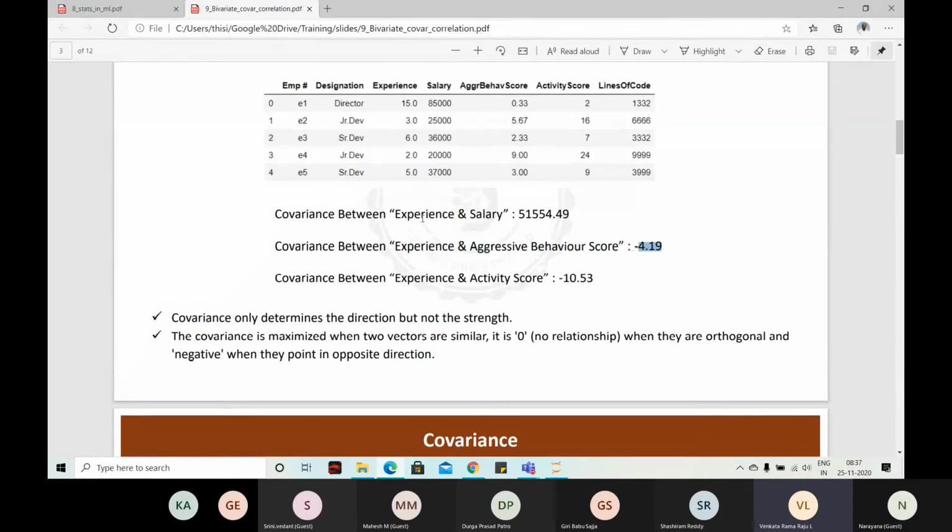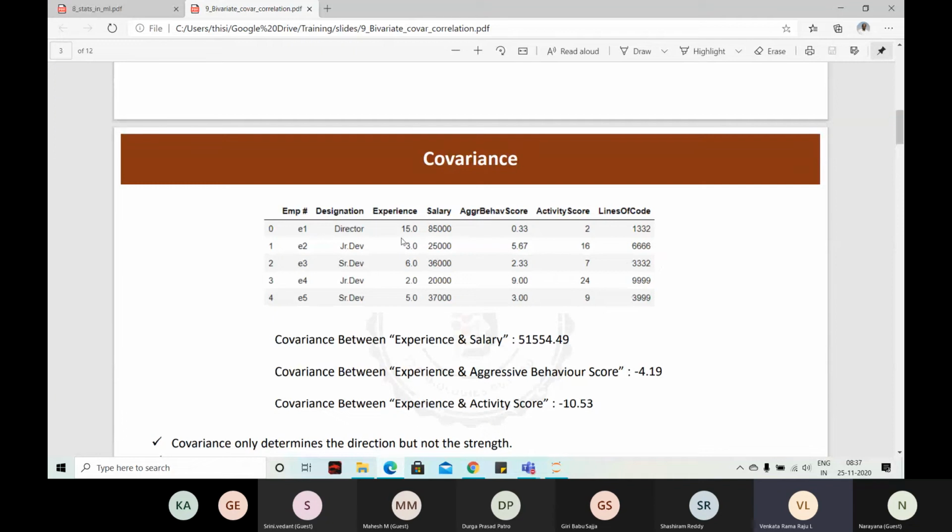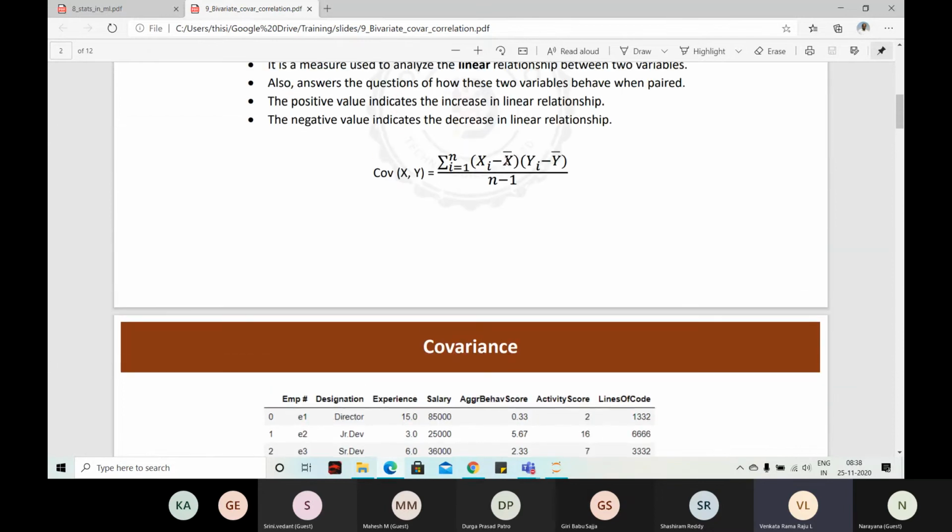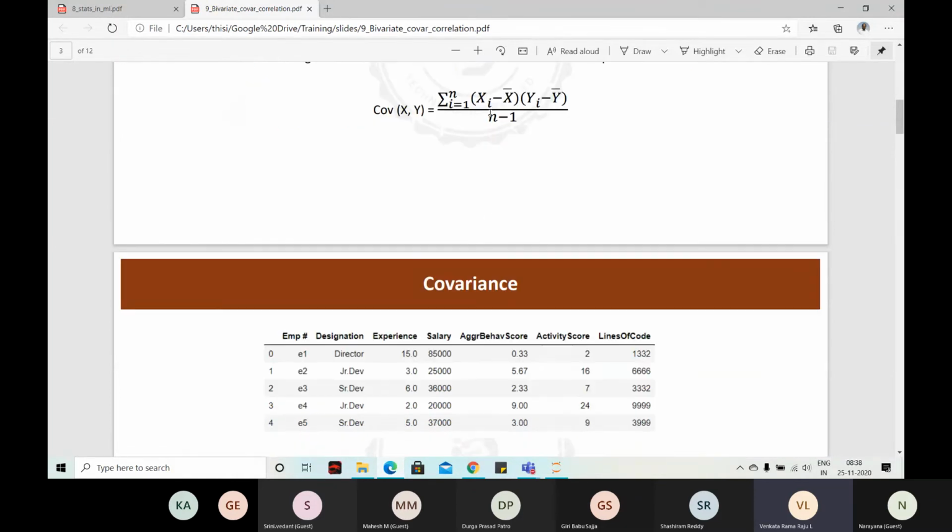But when you look at experience and salary, experience is a small number and salary is a big number. When you take the mean of the big number, you will get a big number, maybe around 20,000, 30,000. When you take differences between x and x bar, you will get big numbers, and when you sum them up and divide by 32, you will get a big number.